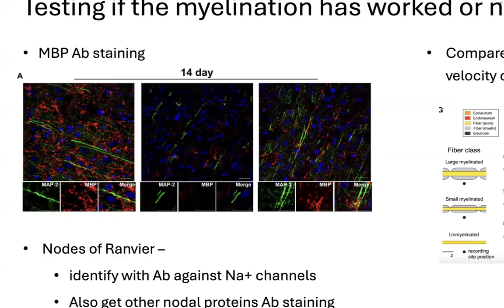These stain your axons. MAP2 is microtubule associated protein 2, and you can see here in all of these cases it's in these lines. That's your neuron. And then MBP, which is myelin basic protein. I should just write this here.